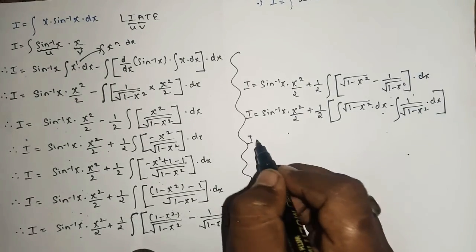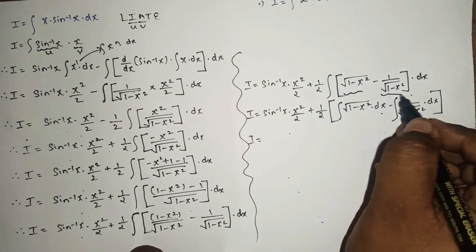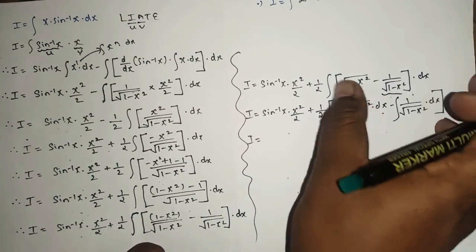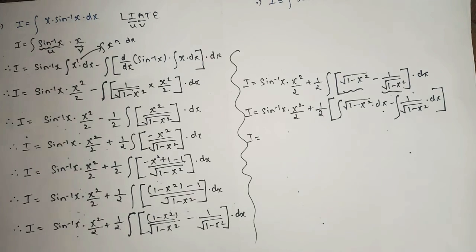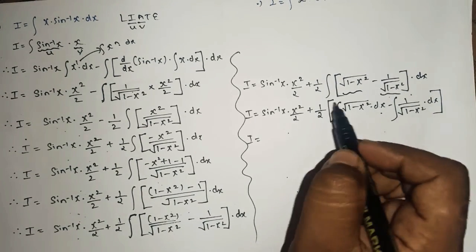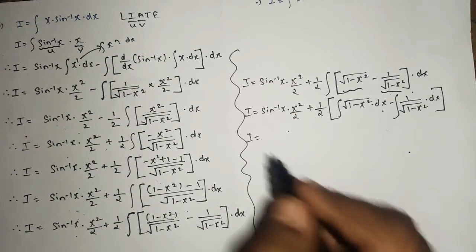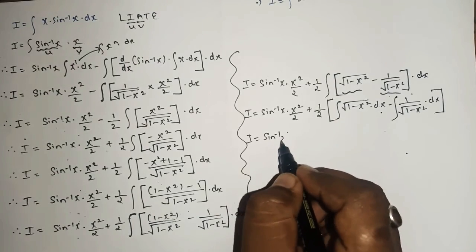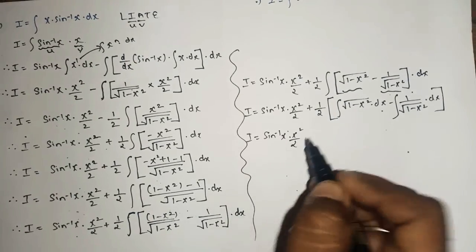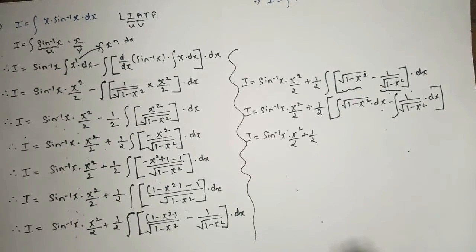Okay, as here we have two separate terms, so we'll split the integral also. And this 1 upon 2 is common for both the sections, so we'll write it outside the bracket only. So sine inverse x, x square upon 2, 1 upon 2.